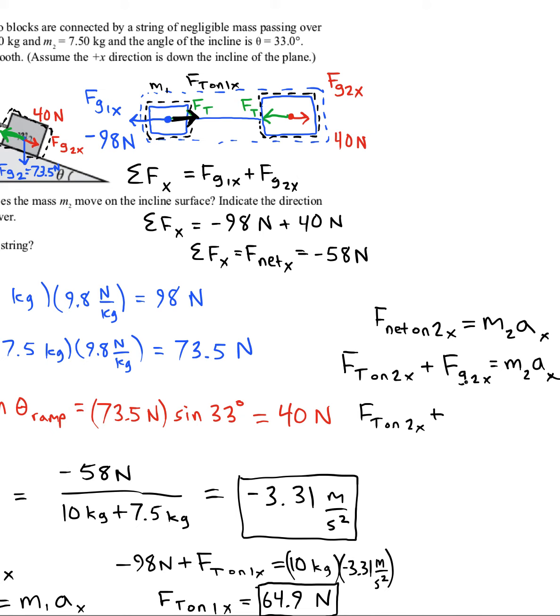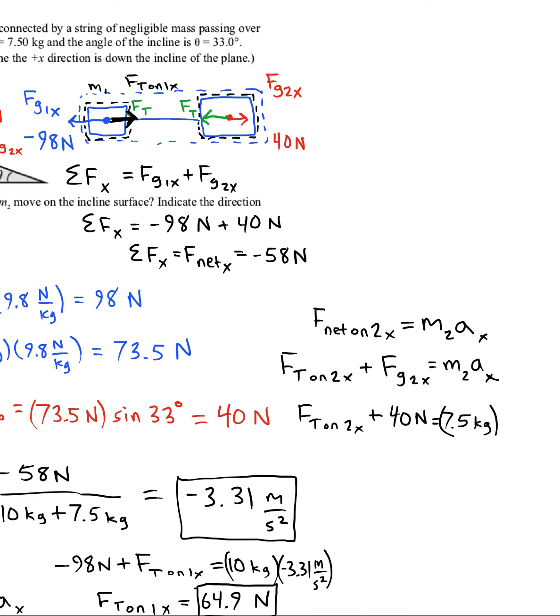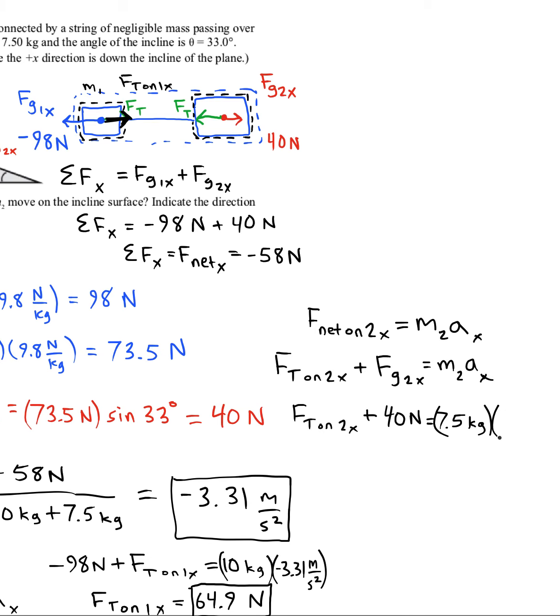But we do know that our Fg2x was 40 newtons. Our mass of block 2 is actually 7.5 kilograms. And the system will all have the same acceleration. Negative 3.31 meters per second squared.